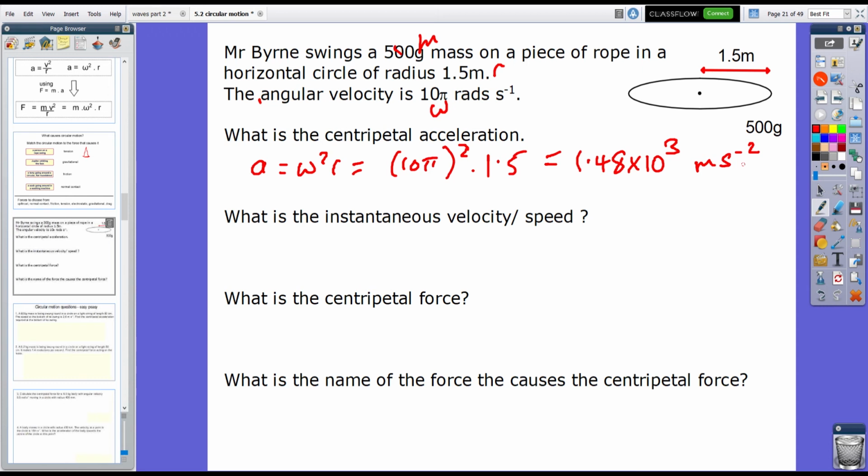Okay, so it's going around. I'm spinning it around 5 times a second, aren't I? 5 times a second, on a 1.5 meter rope. So what's the instantaneous velocity? v equals omega r. It's the easiest one here. Instantaneous. So if it hit anyone in the face, what speed would it contact with?